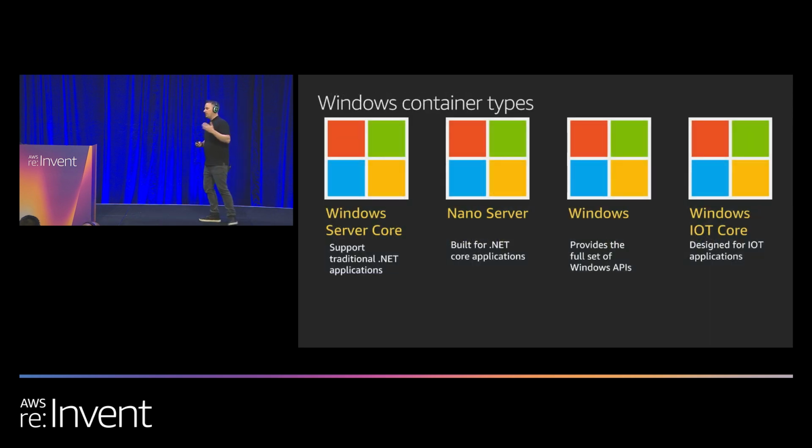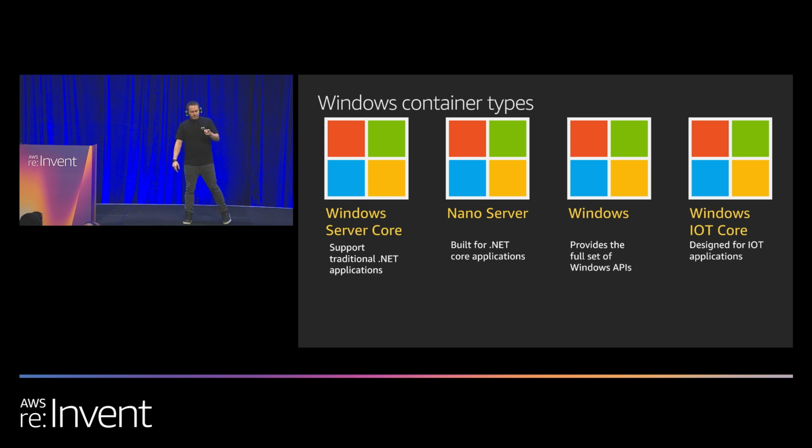So the base layers for these containers, there's really four that are commonly used. We have Windows Server Core, Nano Server, Windows, and Windows IoT Core. These are base images maintained by Microsoft and can be used inside of your Dockerfiles.